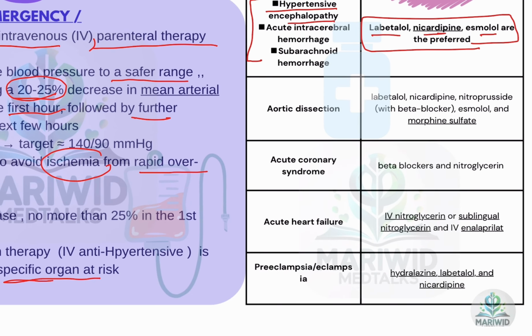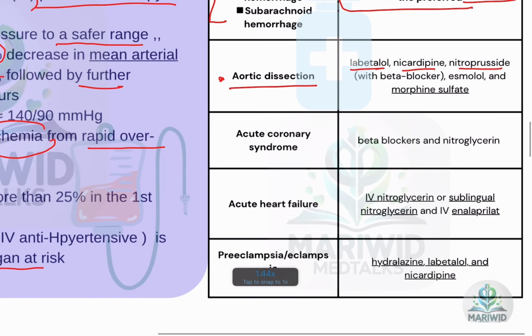In cardiac cases, for aortic dissection, the preferred agents are labetalol, nicardipine, nitroprusside with a beta blocker, esmolol, and morphine sulfate. In acute coronary syndrome, a beta blocker and nitroglycerin are the preferred agents.